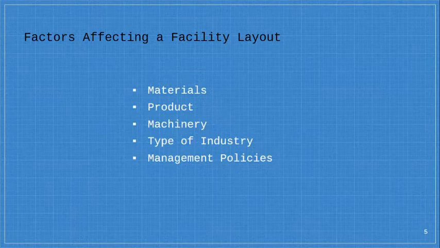So next is factors affecting facility layout. So first is materials. In materials, there is an optimum space that needs to be allocated for materials so that it is not messy or confusing when looking for the materials. The next is product.